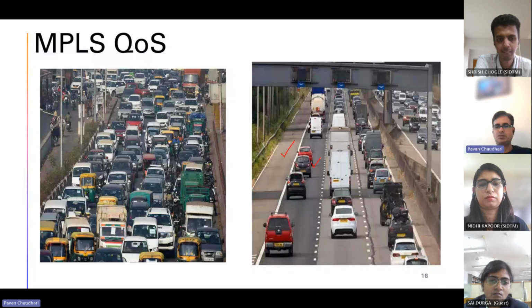So this picture indicates proper QoS treatment on the router, because we have defined the priority: the ambulance needs the first priority and the others need the second priority. So based on our priority, the network will act accordingly.